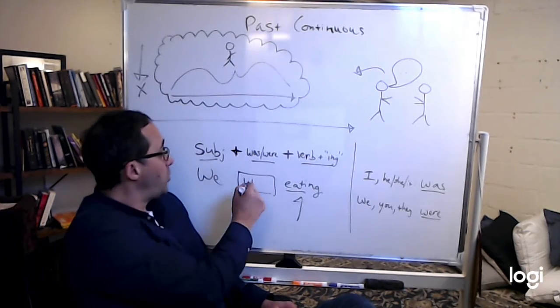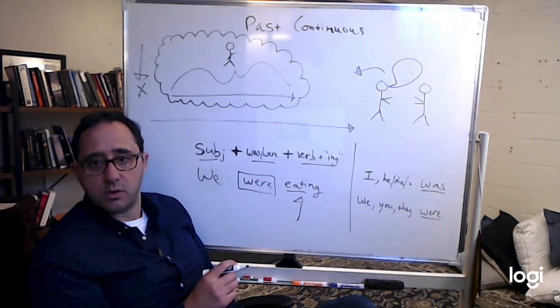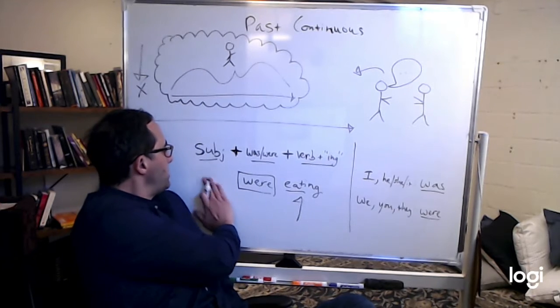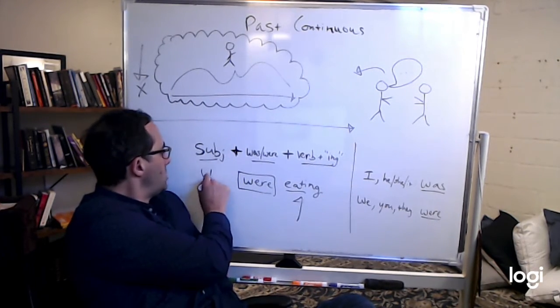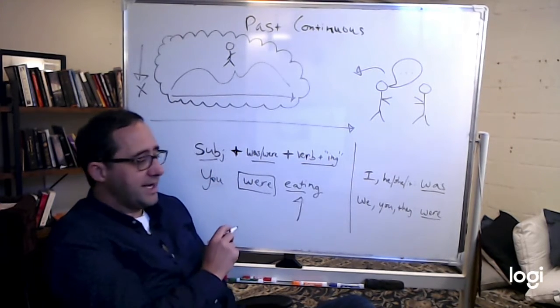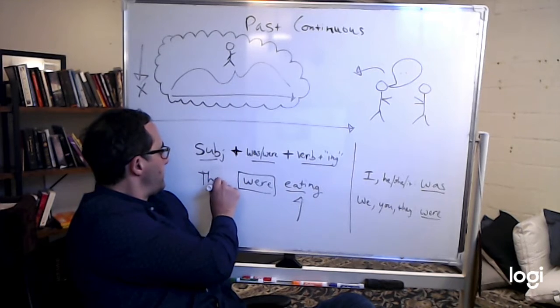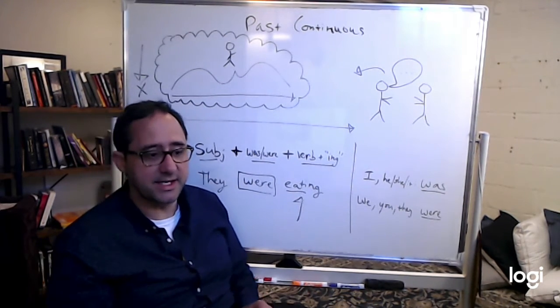What were you all doing? We were eating. What were you doing? What was I doing? You were eating. Or they were eating. That's how easy it is.